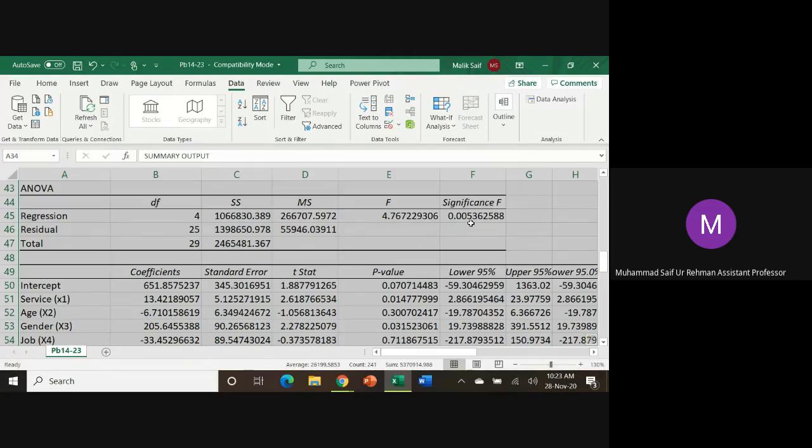As it is less than 5%, the level of significance you may set at 5%, so this is less than that. It means that you would have to reject H naught. The rejection of H naught will mean that you are going to accept the alternate hypothesis, and you can see the statement over there, that at least one beta is not equal to zero, or you can say all betas are not equal to zero.